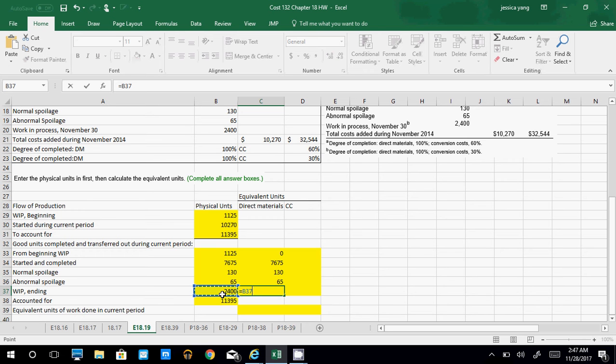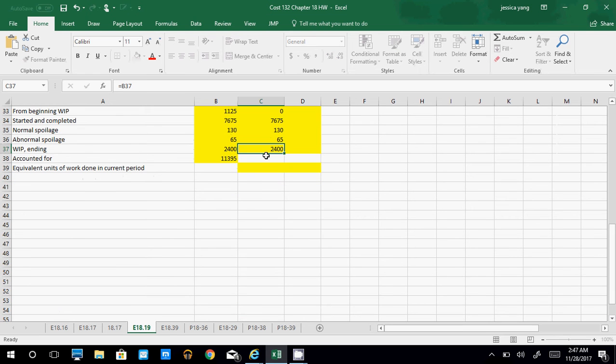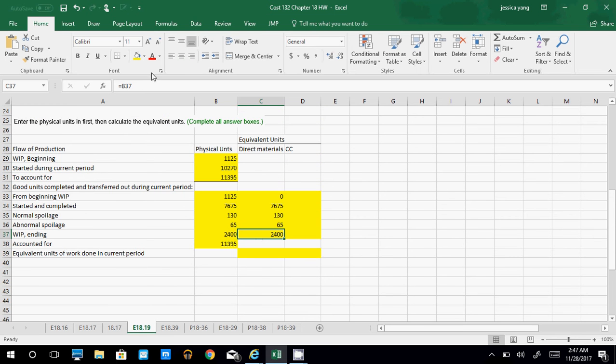For work in process ending, we take 2,400 in the physical units and multiply that by 100% to get a total of 2,400 units for equivalent units in direct materials.